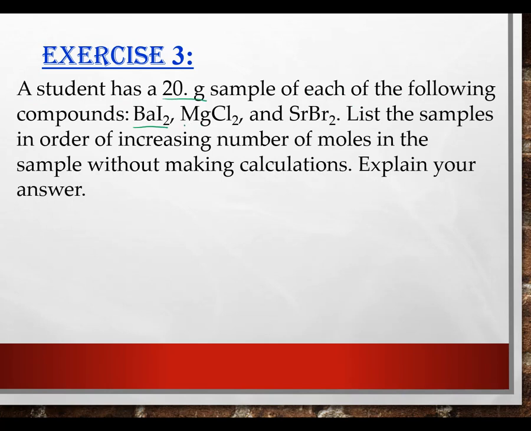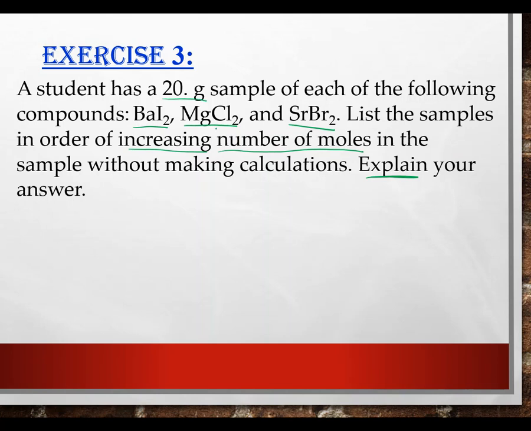We have barium iodide, magnesium chloride, and strontium bromide. List the samples in order of increasing number of moles in the sample without making calculations. Explain your answer. Okay, so we don't really get to show it by calculating. You're supposed to show it by concept here.